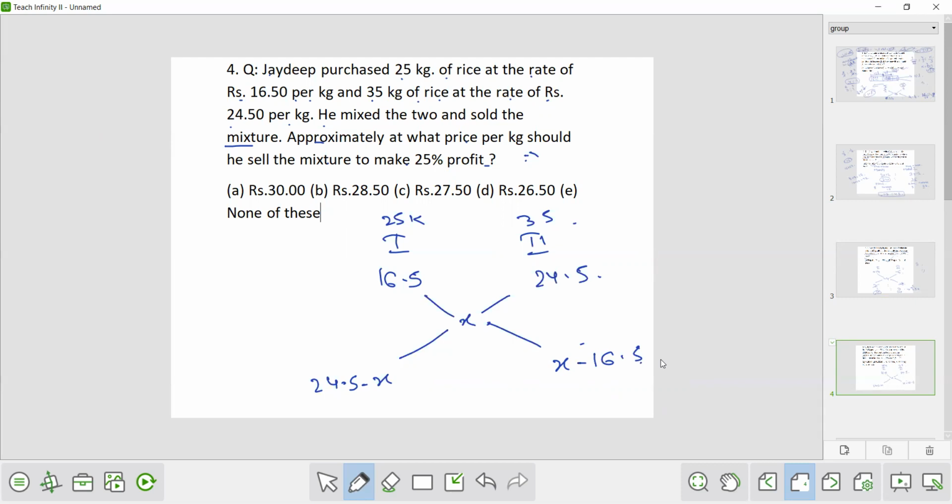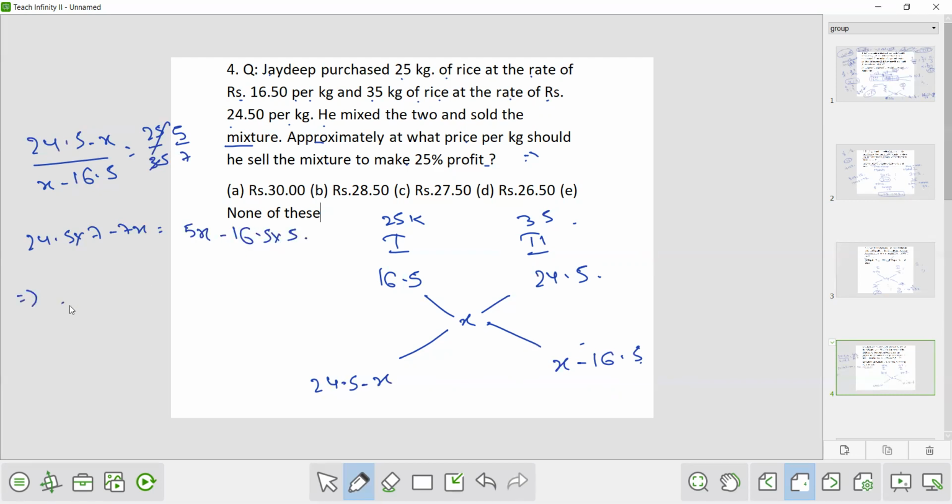Now this will be in the ratio 5 is to 7. So (24.5 minus X) upon (X minus 16.5) is equivalent to 25 by 35, that is 5 by 7. Now 24.5 into 7 minus 7x is equivalent to 5x minus 16.5 into 5.